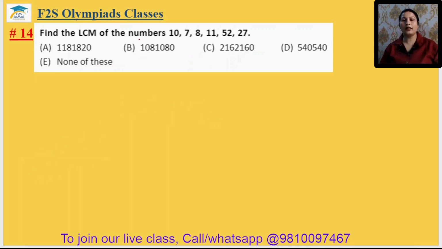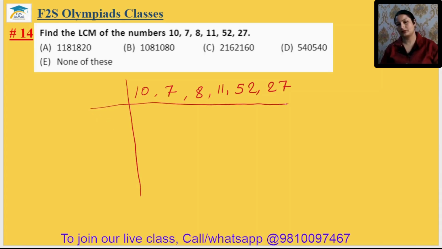14th. Find the LCM of this. Just write the numbers and use the ladder method. 10, 7, 8, 11, 52, 27. Take 2 as the common factor. 2 5s are 10, 7, 2 4s are 8, 11, 2 26s are 52, 27. Okay?